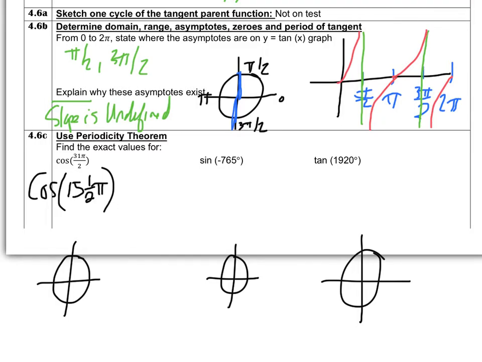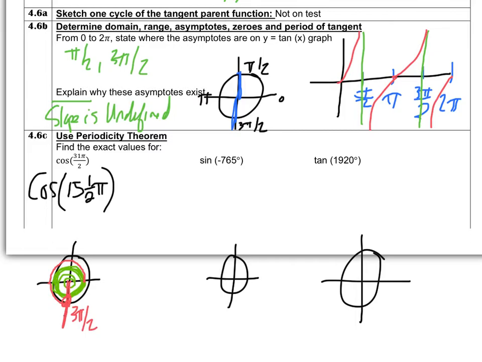So let's move 15 pi's. So this is going to be 2 pi, 4, 6, 8, 10, 12, 14. Now I'm going to go a 15th pi, and then I have to go half of a pi. Half of a pi lands me right here. So I actually landed at 270 degrees, or 3 pi over 2.